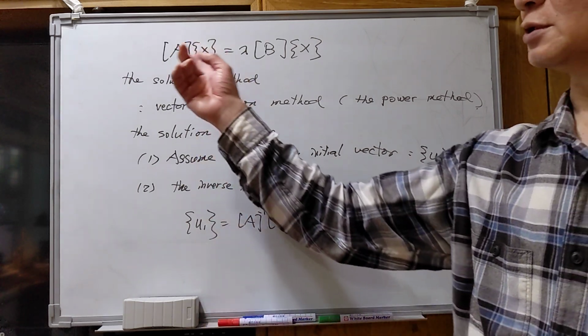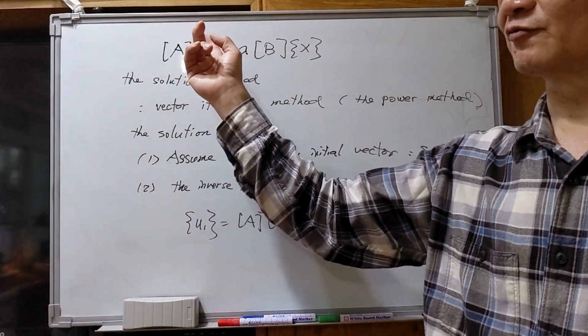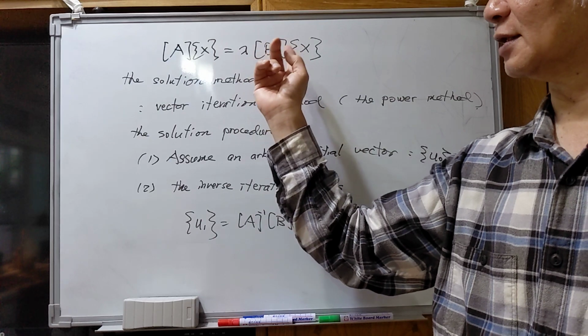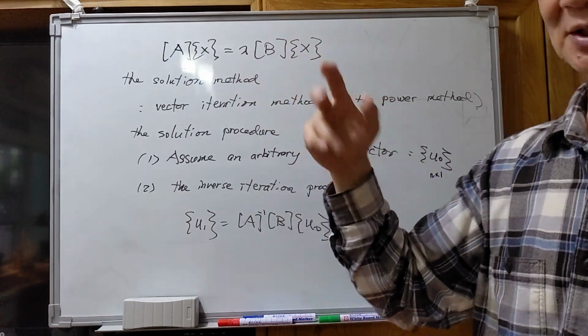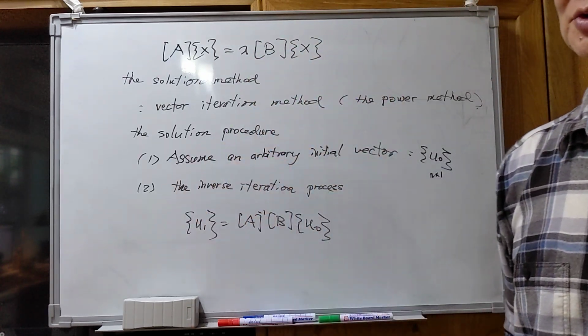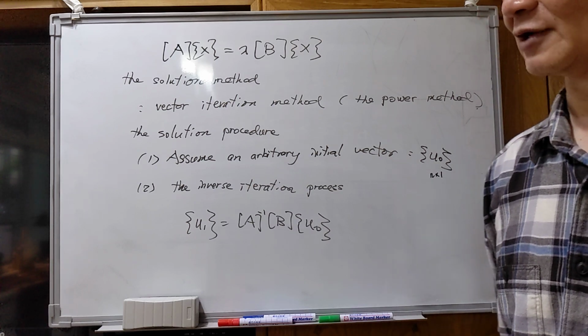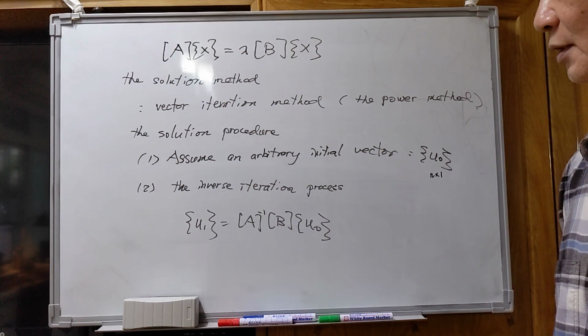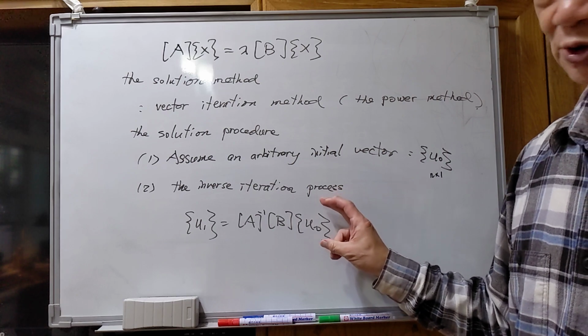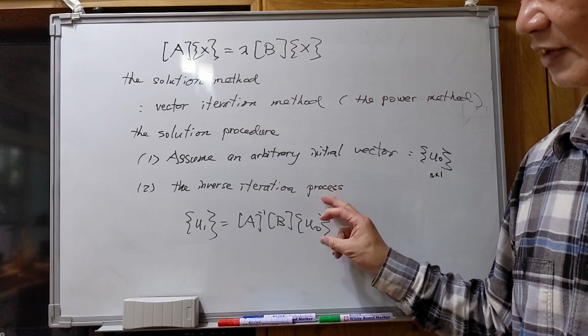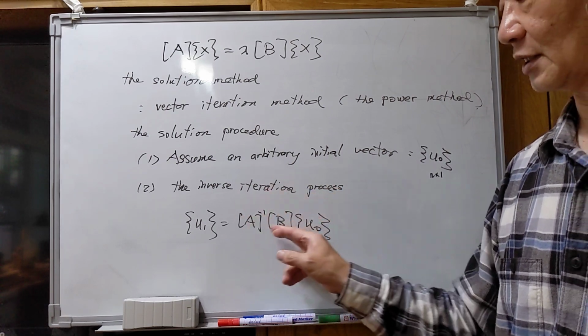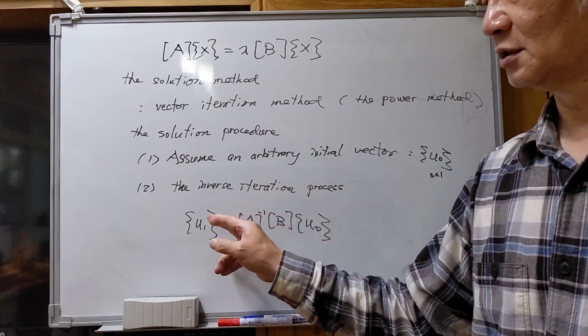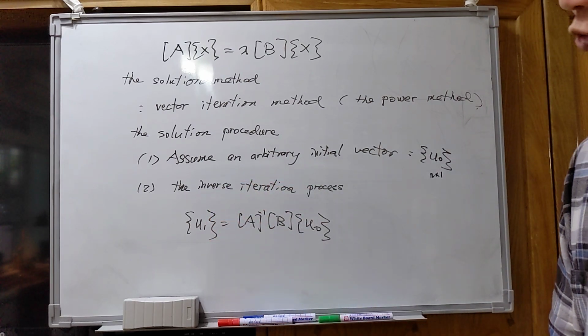for the problems, we know the coefficient matrix for both matrix A and the matrix B. Okay, but we like to solve the eigenvalues lambda and the eigenvector x vector. After we assume the initial vector U0, then we can calculate the A inverse B times U0 to be the U1.